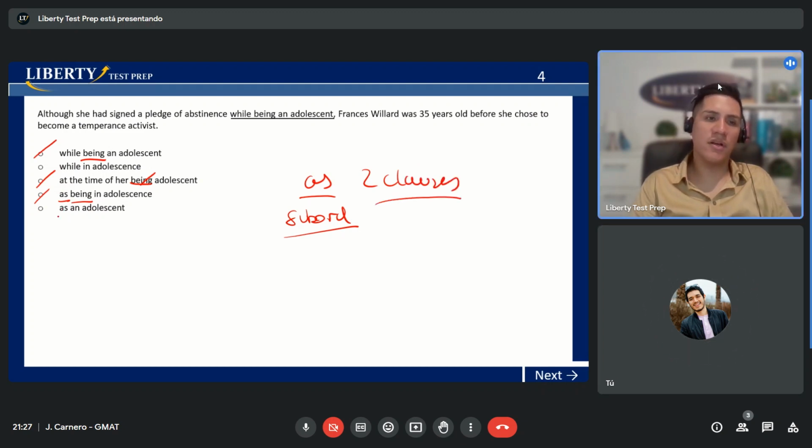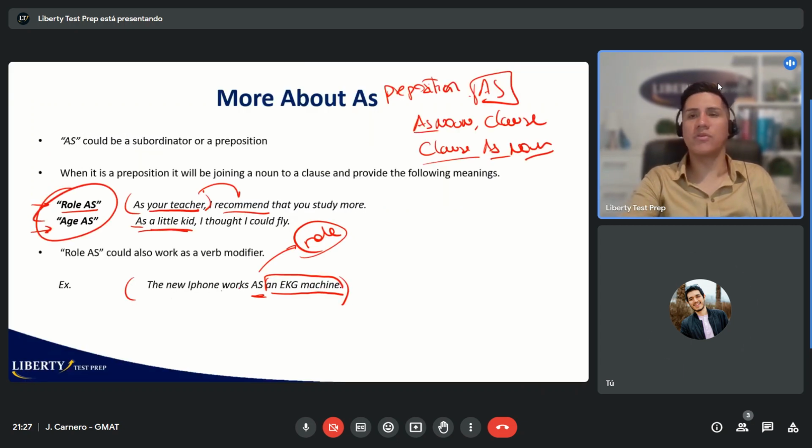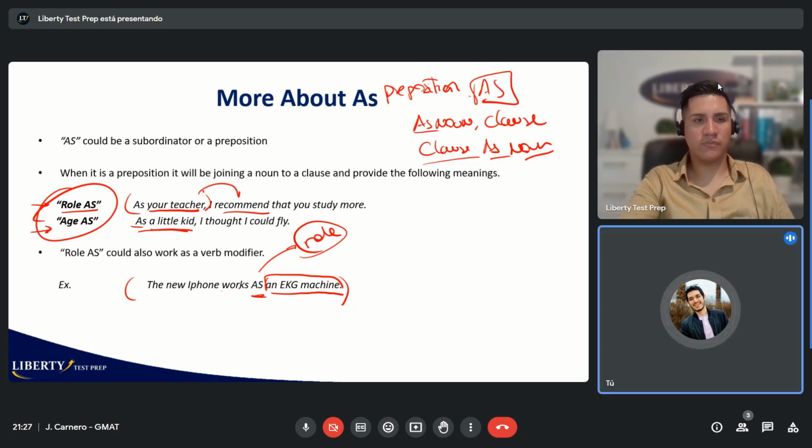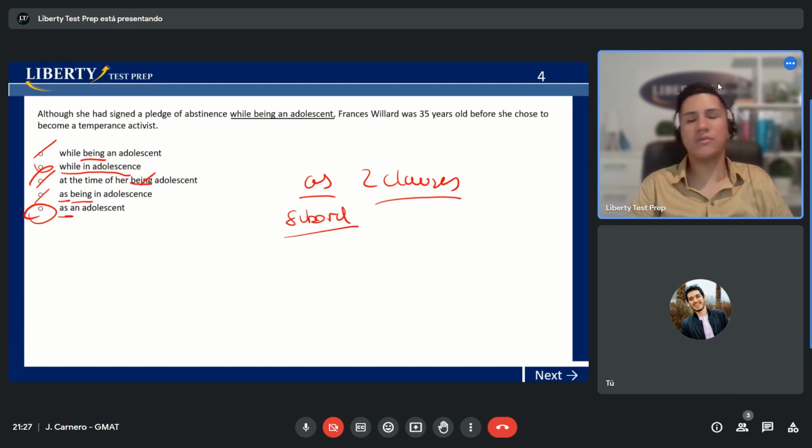This as is not that meaning. Just a noun. So this as could be either of these two: role or age. Those two only. So it's age, right? And that's way shorter than the other one, so E is the answer. When she was an adolescent. That's what they're trying to do.